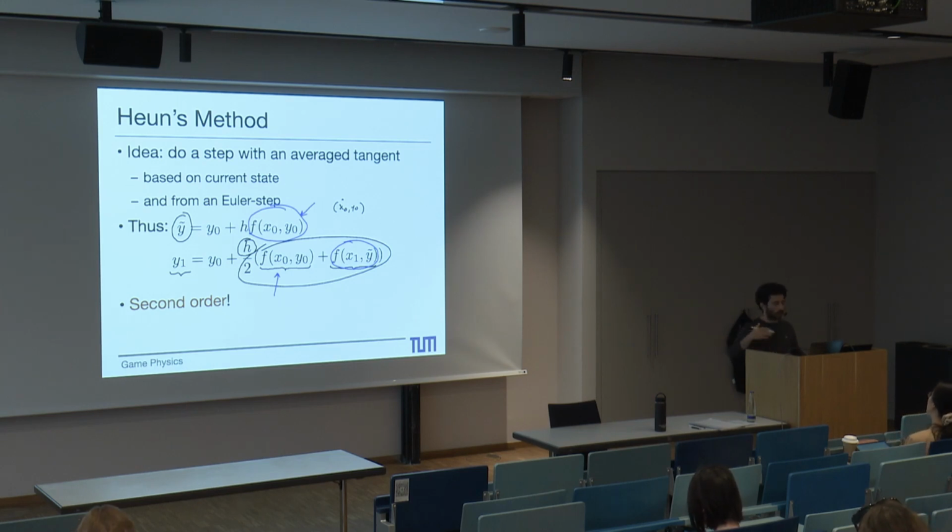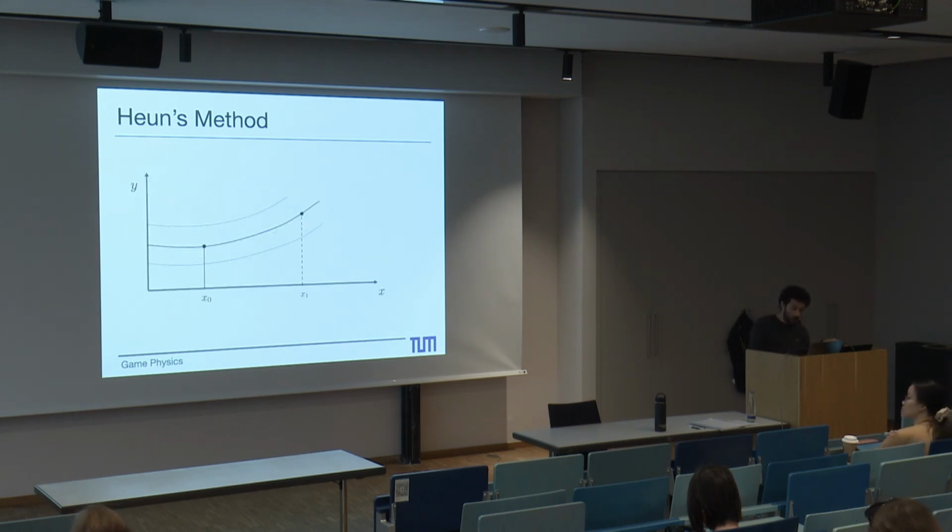Of course this requires some more memory, but in general that's either a scalar or a matrix of the size of our system, and we don't need to recompute this value, since evaluating this function can be arbitrarily costly. We don't really know how expensive it is, so let's keep it on the safe side, so to speak. Once we do all this, by only doing two evaluations, what we get is a second order method, and we can have a quick visualization of this method here.